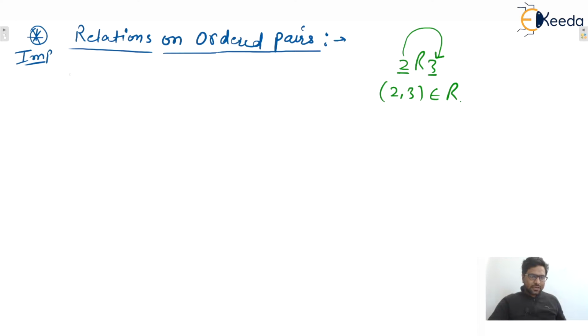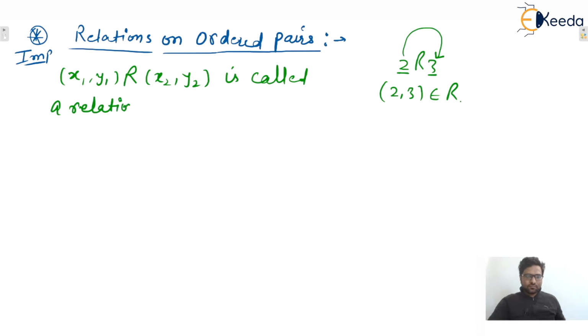Let's say one ordered pair x1 comma y1 is related with x2 comma y2. We can say that is called a relation on ordered pairs under some given conditions.